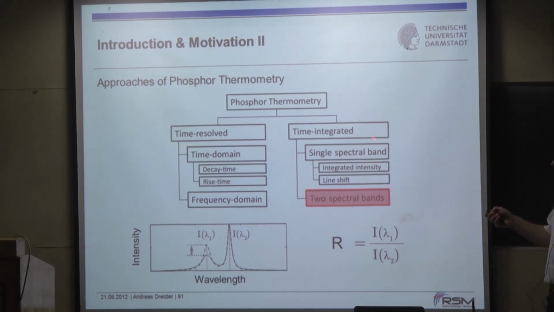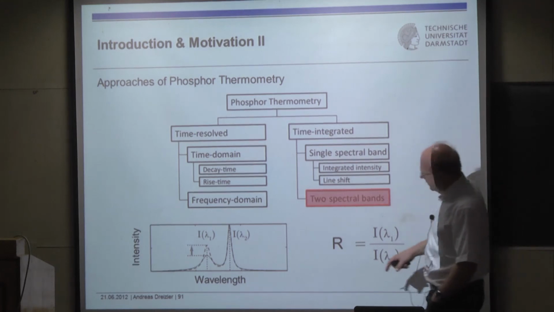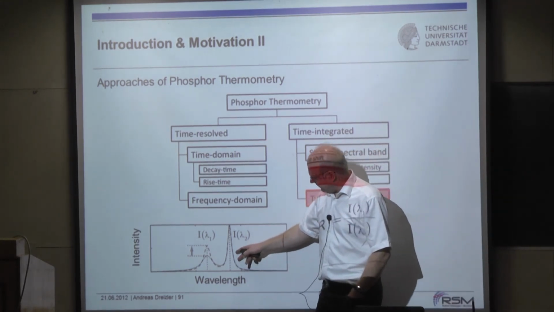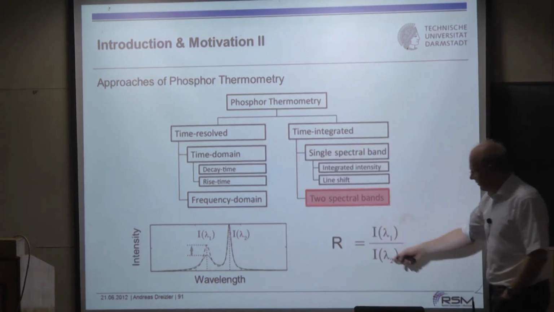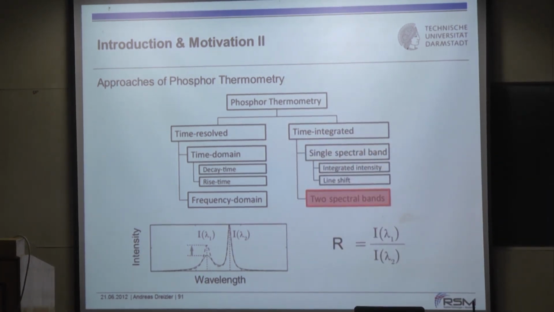The better thing in the time integrated branch is to use the ratio. As we have seen, some of these phosphors have bands at different wavelengths, and those intensities change with temperature such that the ratio is as well a function of temperature. And if now the laser intensity is changing, because of the ratio, that cancels. All right?